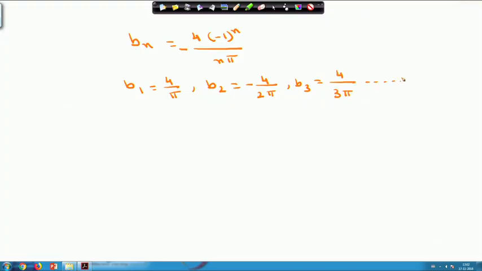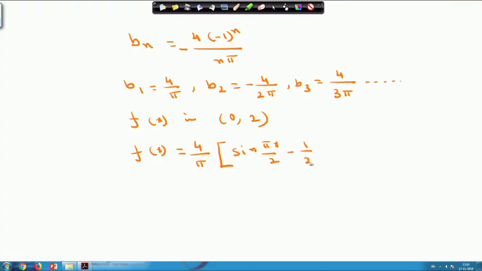So, the Fourier series of f(x) in the interval 0 to 2 then becomes f(x) equals 4 by pi into sin(pi x by 2) minus half sin(2 pi x by 2) plus 1/3 sin(3 pi x by 2), and like this way it will go on.